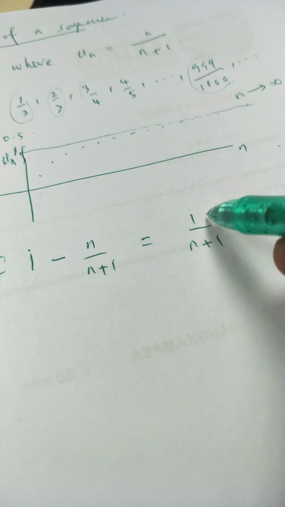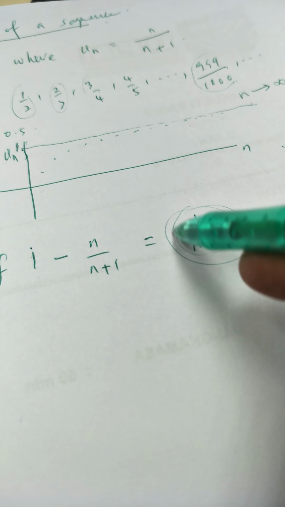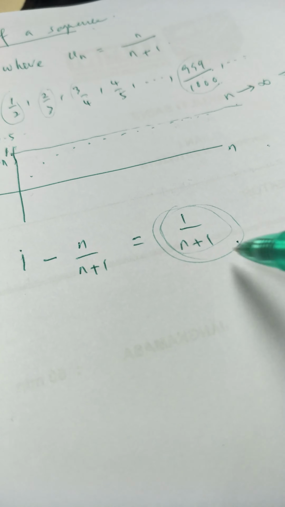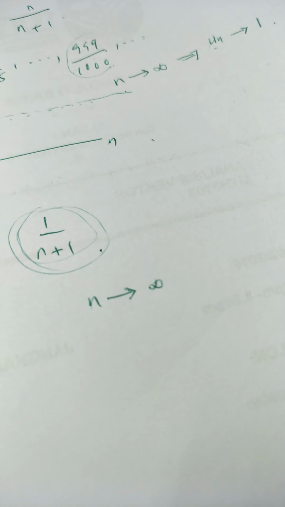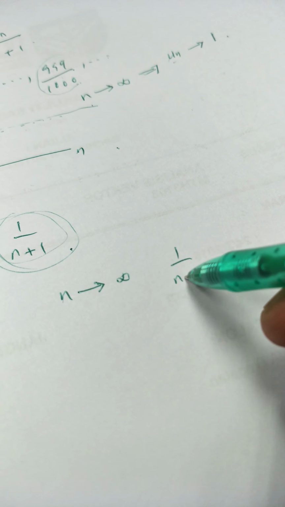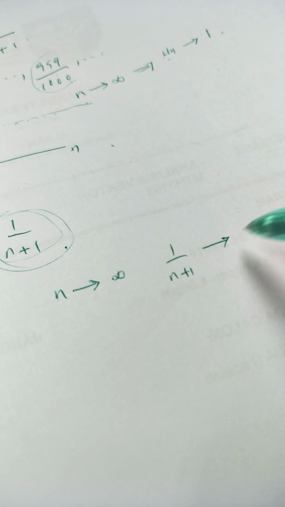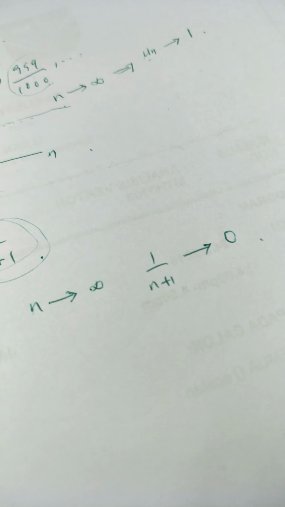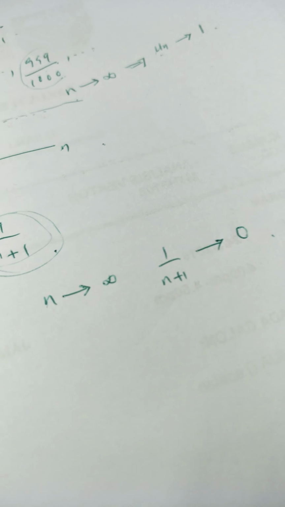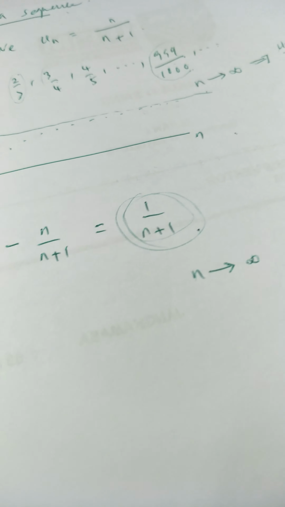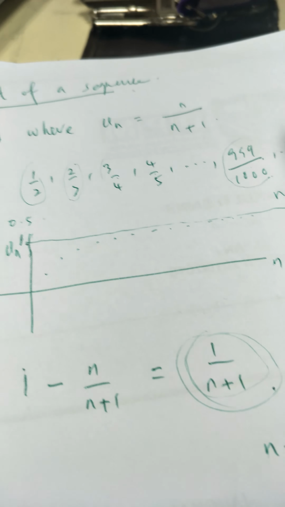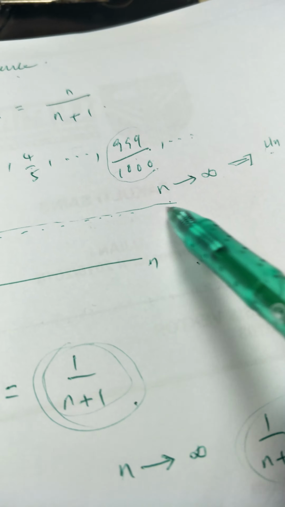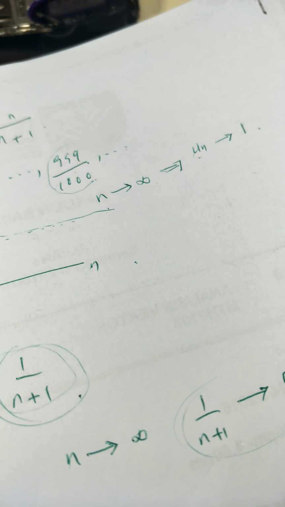For this kind of sequence, as n goes to infinity, I mean getting bigger and bigger, 1 over n plus 1 goes to 0. So the limit in this case is 0. In all these cases, the limit approaches some number.